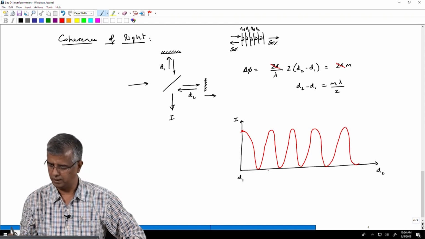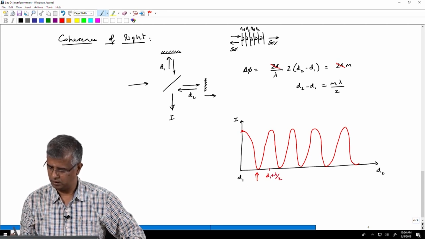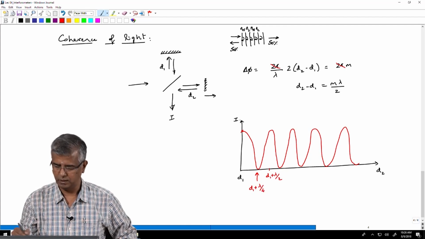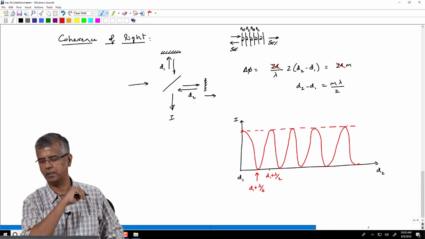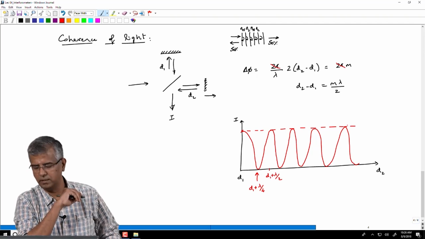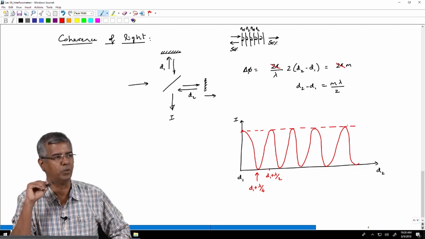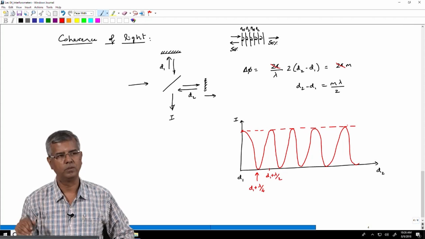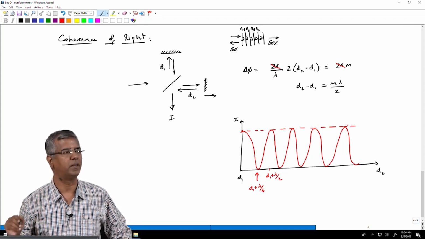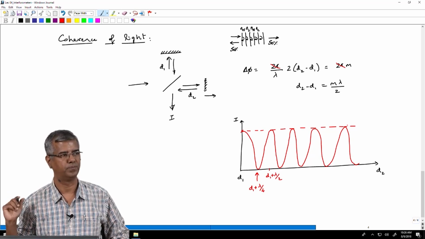Of course, you can define the next maxima to be happening at d1 plus lambda over 2, the minima would correspond to d1 plus lambda over 4, and so on. But the key point here is that we are saying that the intensity is going to be constant, irrespective of whatever the value of d2 is, okay. And we will now question this particular assumption. Is this constant for whatever d2, okay.